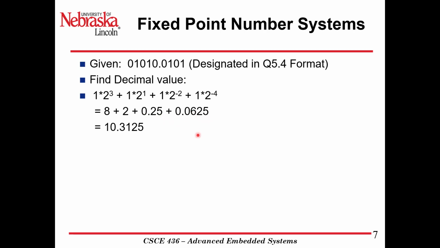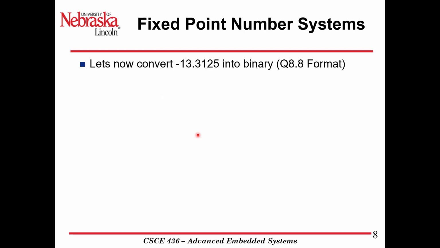Add them all together, and we get 10.3125. All we have to do is keep track of where the binary point is on our fixed point binary. What about if you have a negative number and we want to convert it to a Q8.8 format?